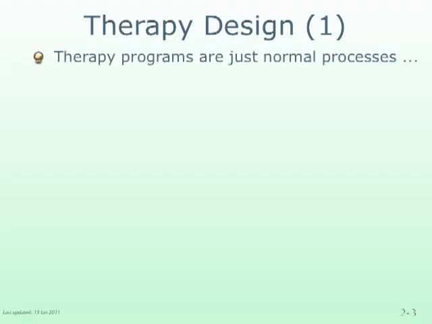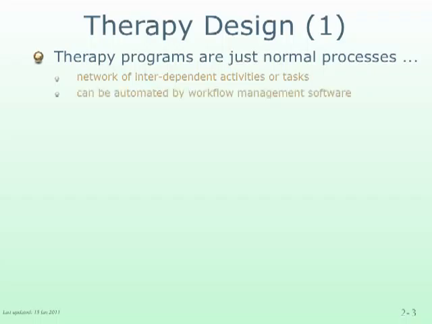The first thing we need to recognise here is that a typical therapy program is structured in a very similar way to any normal business process or project, in that a therapy program can be broken down into a network of interdependent activities or tasks, which the Stroke Rehab app can automate in much the same way as workflow management software automates business processes.